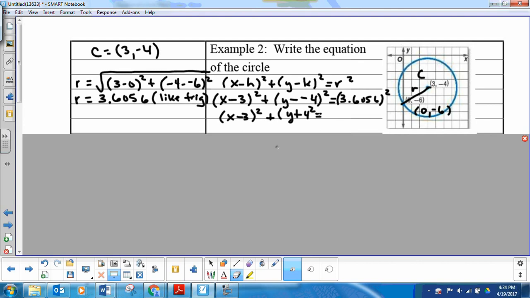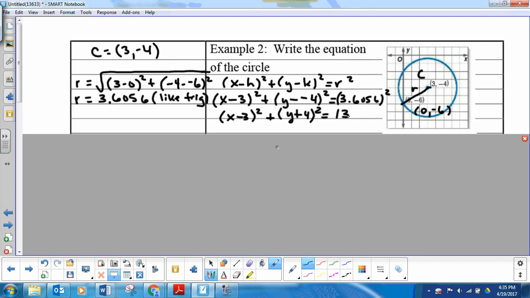We want that square on the outside, very important. Squared is equal to, now if I take that value and put it into my calculator, I'm going to get a number like 13.0000. At that point I want you all to round that to the prettiest whole number you can. Generally speaking, when you do this, it's going to get very, very close to a whole number.